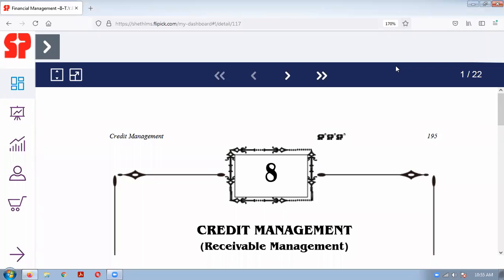Okay, so now let us start with the credit management topic. Credit management, in brackets, if you will see, it is written receivable management. So this topic is basically managing the receivables, that is debtors.